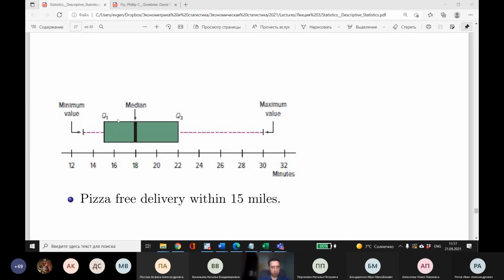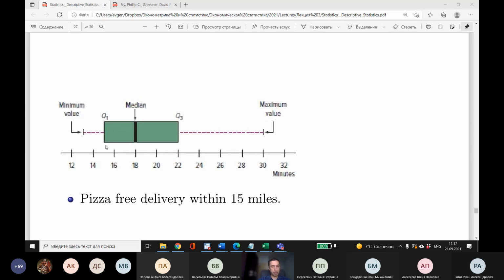This is our box. Why do we name this chart box plot? This line is our first quartile. This line is our third quartile. We see that 25% of orders had been delivered within 15 minutes or less.